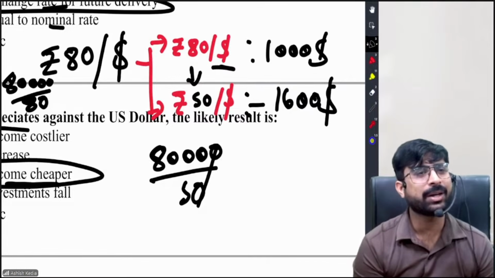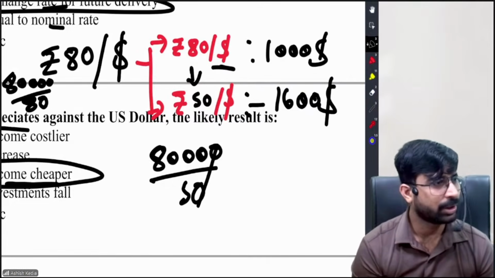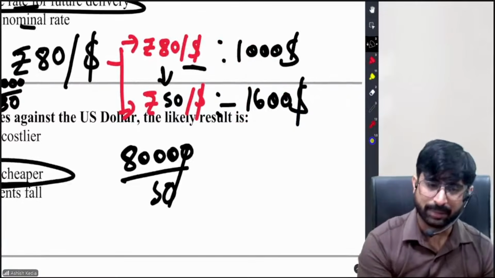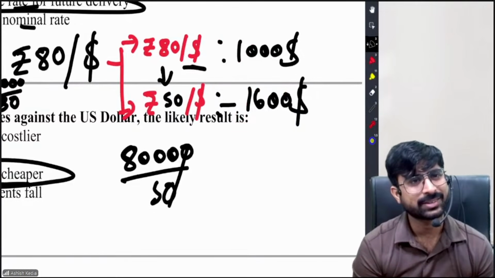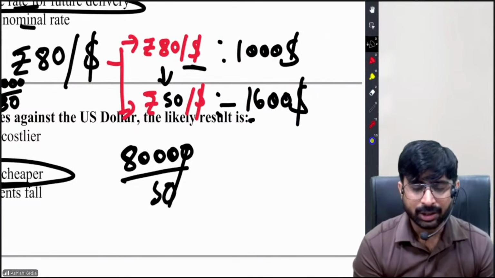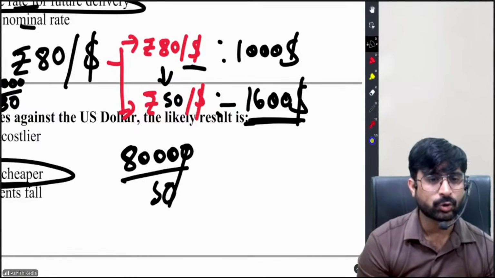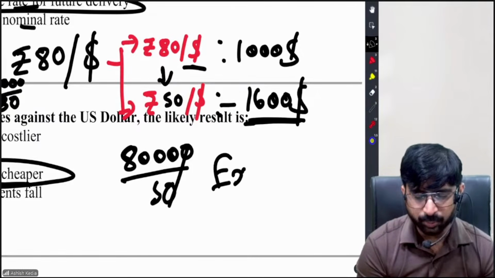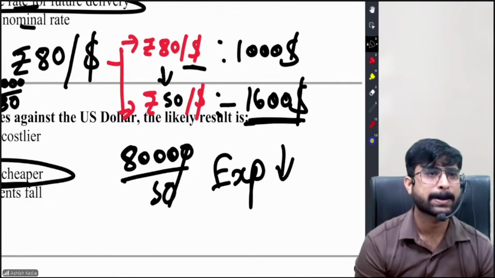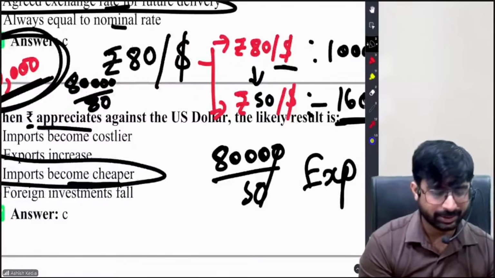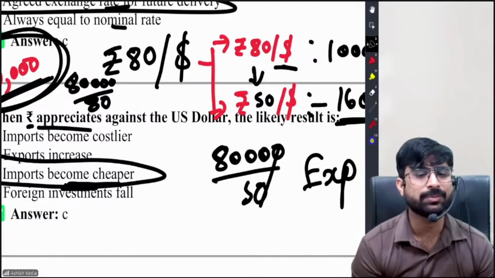Why? Because rupee became expensive. For that same 80,000 rupee product, you see the goods have become costlier now. So naturally, India's exports will fall and imports will rise. That is what I've written. Imports become cheaper.